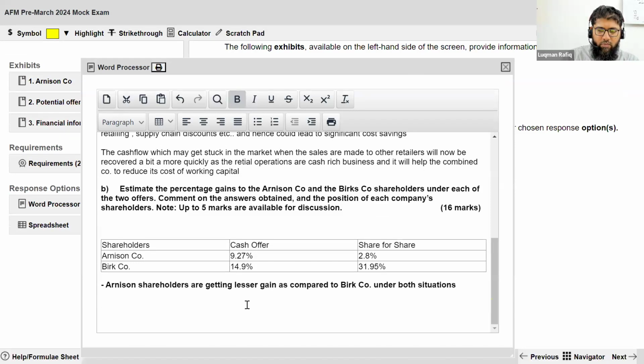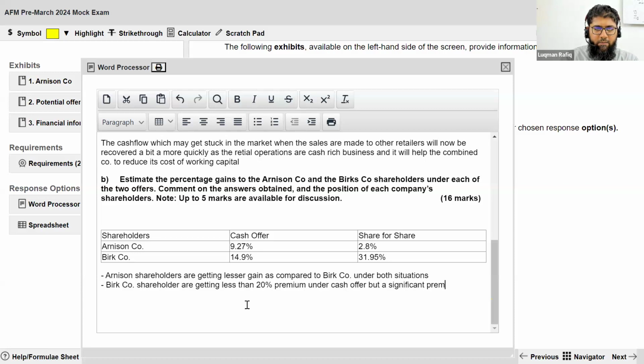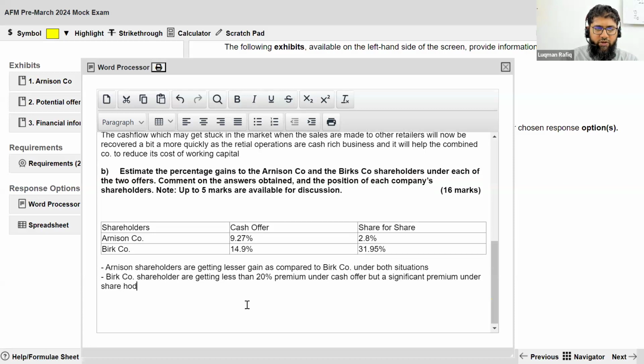The next situation is that Burke company shareholders are getting less than 20% premium under cash offer, but a significant premium under share for share.